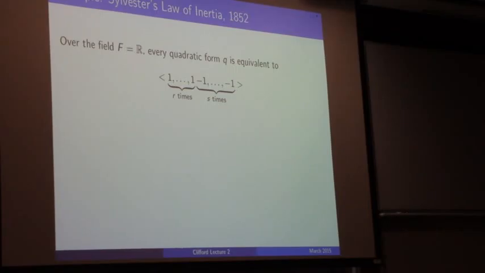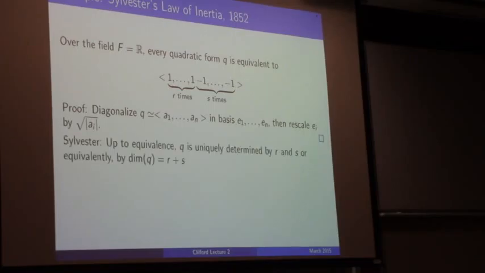Okay, so now we come to Sylvester's law of inertia, which is a theorem in linear algebra. Every quadratic form can be diagonalized, and then some of the coefficients are positive and some are negative. And we can rescale by the square root of the absolute value to get a bunch of ones and a bunch of minus ones.